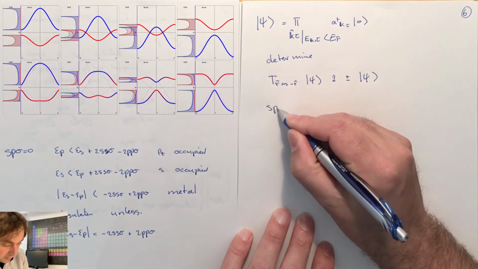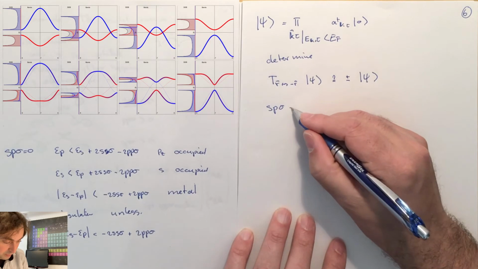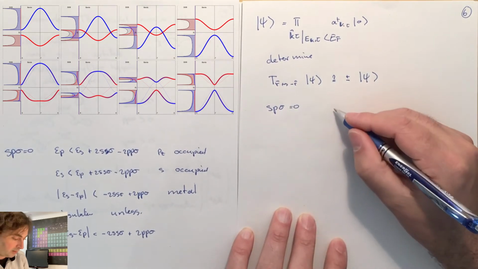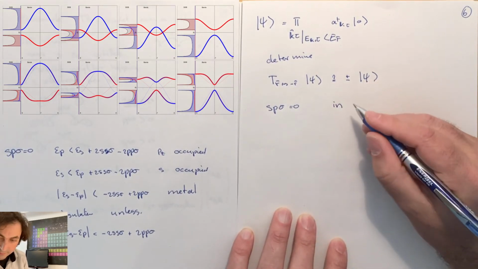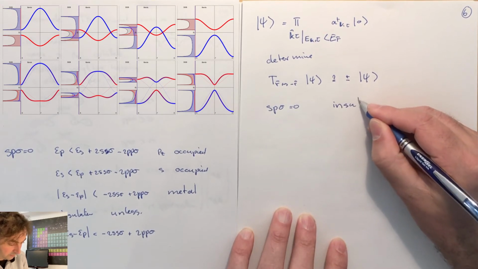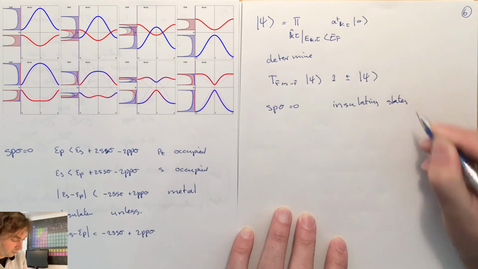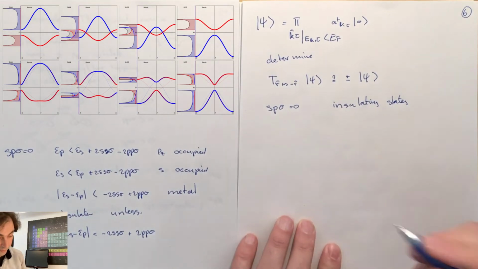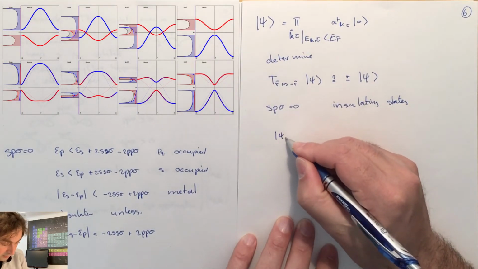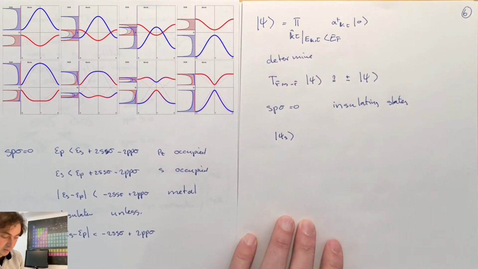So let's start with the case where the sp hybridization sigma is 0, and I want to only look at the insulating states. So we have restricted ourselves to two cases.